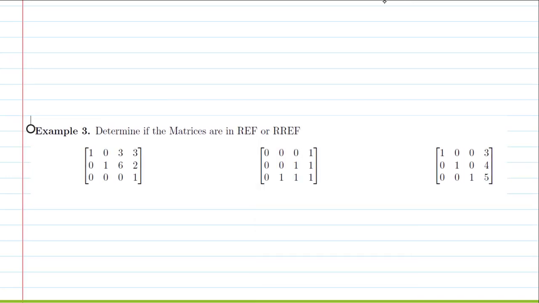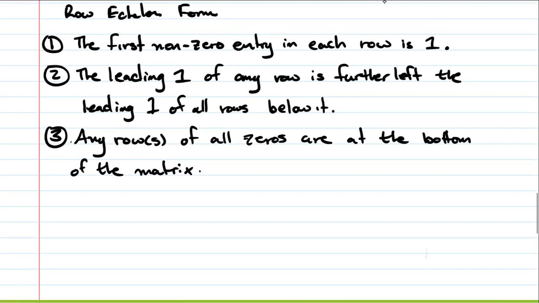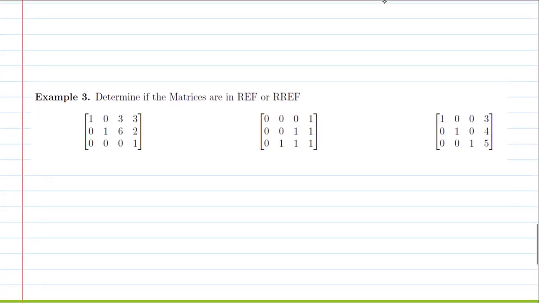Example 3 says, determine if the matrices are in row echelon form or reduced row echelon form. We haven't talked about reduced row echelon form yet, so we're just going to focus on REF. And these are our three properties. So let's start with matrix 1.